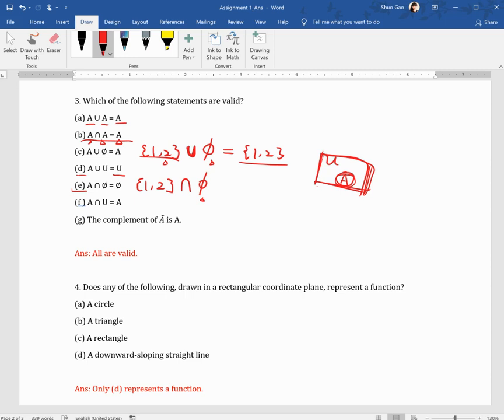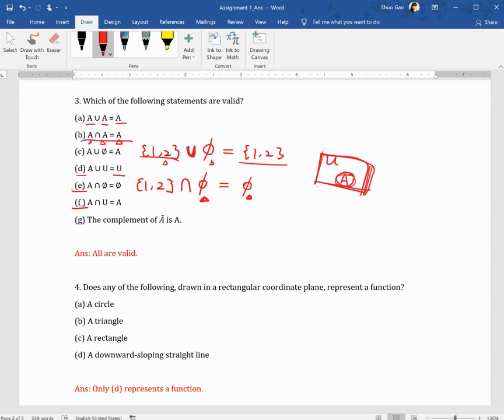But here we have the empty set. That means that there's no element in this set. So the common element in both sides should be empty, right? Because there's no element here, so there's no element in the intersection, right?